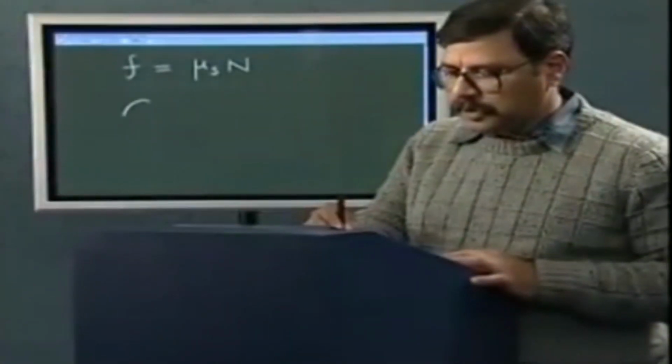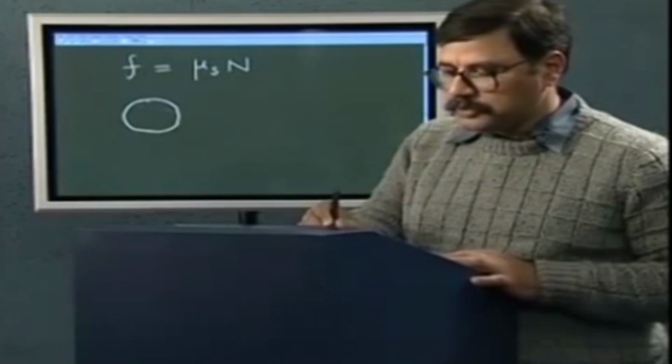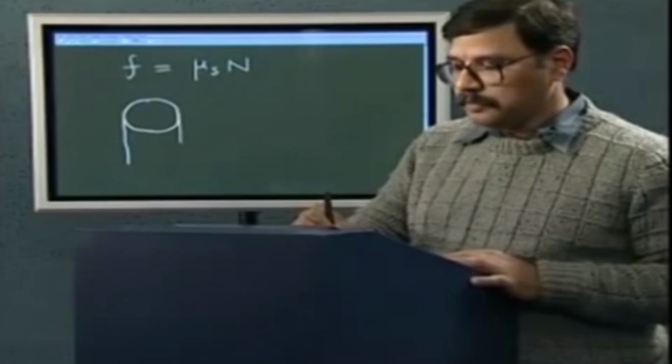Let me now take you back to Atwood's machine that we discussed in the previous lecture, a slight variation of that, and see how frictional force changes the tensions here. Recall, when I solved this problem in the previous lecture, I had assumed that all the surfaces are frictionless.